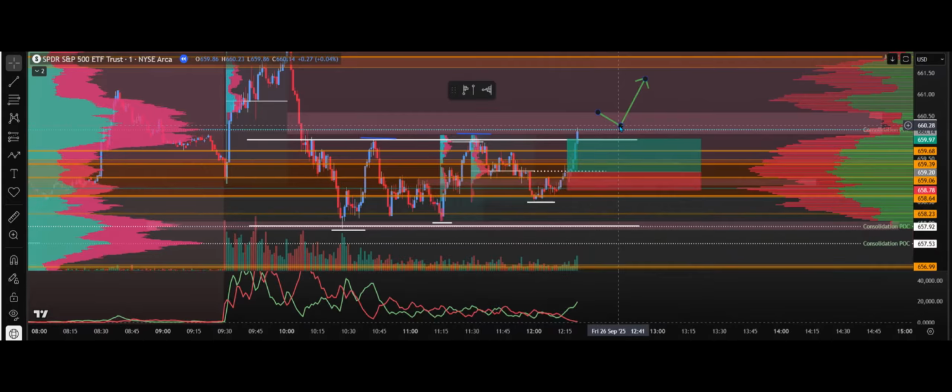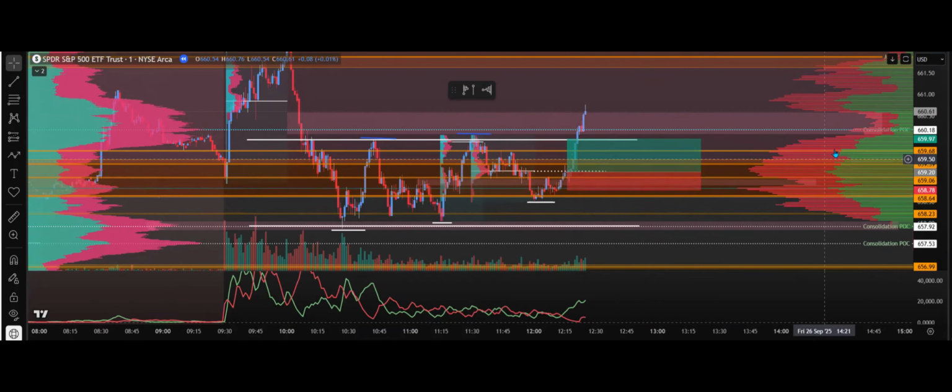So that's pretty much what I'm looking for at this point to see if we can get out of this consolidation. Price breaks up, tries to come into this volume zone, the top of this long-term volume zone. And remember, keep in mind that long term is a little bit more important than the session, as long as the session or the market structure is confirming the long term volume profile.